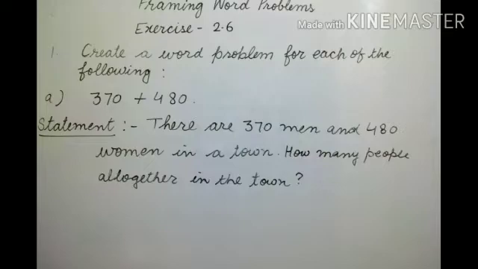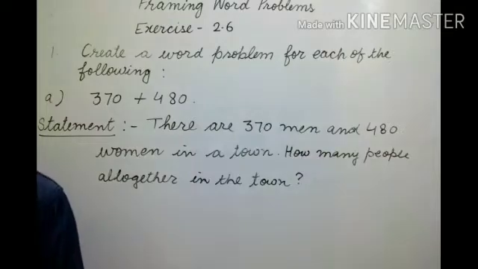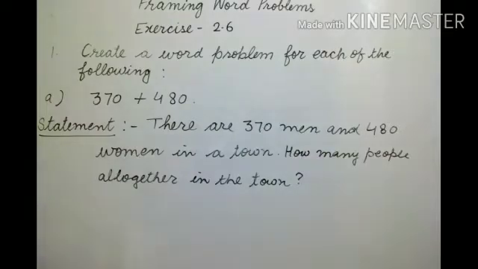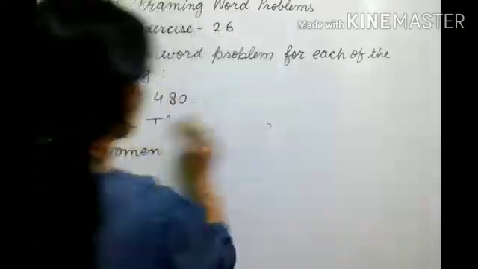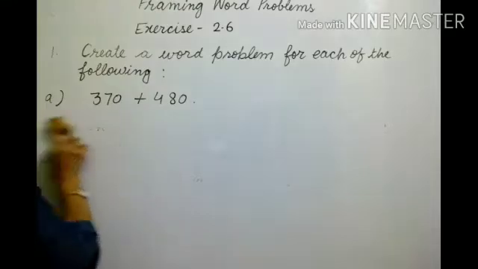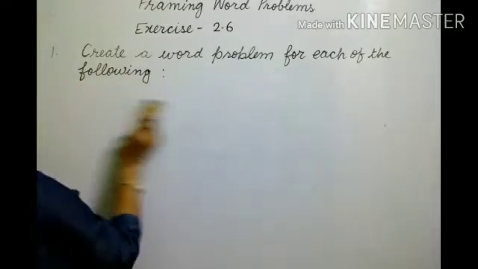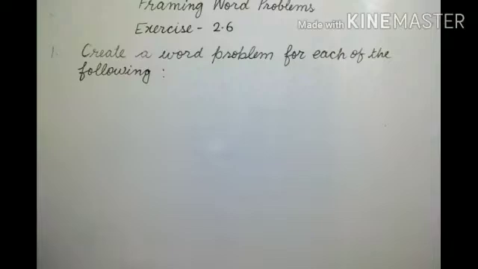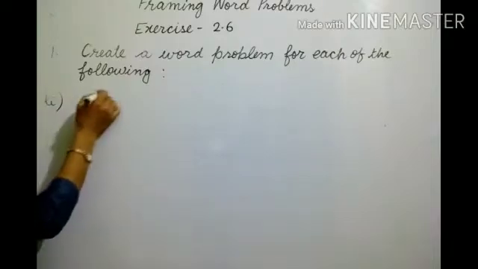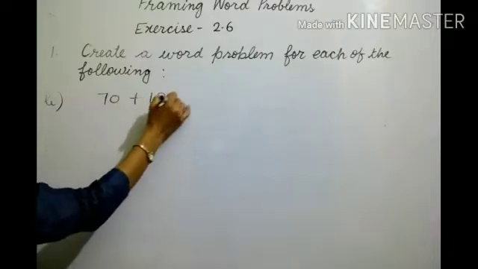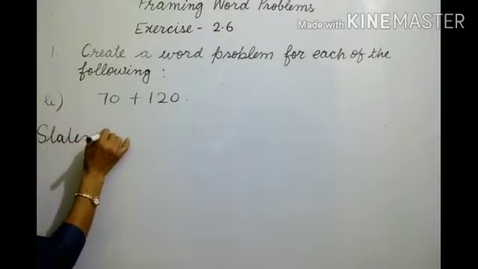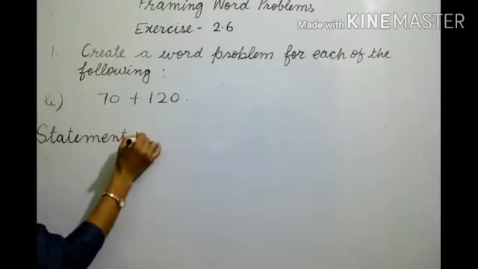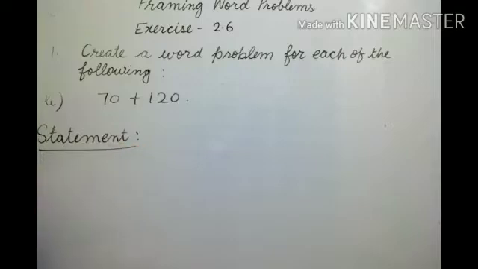Clear? Let's take B part. We are given two numbers, 70 plus 120. So how we can make a statement by using these numbers? That is our answer.